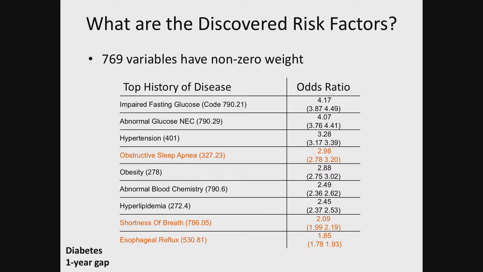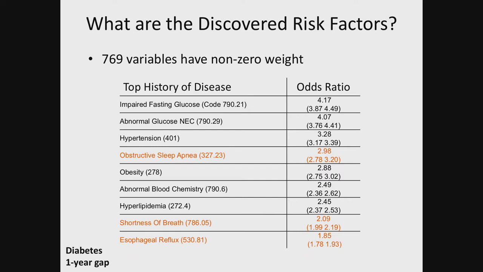Shouldn't they have been excluded? And the answer is no, because there are also patients who are pre-diabetic in this data set who have been intentionally included because we don't know which of them are going to go on to develop type 2 diabetes. And so this is an indicator that the patient has been previously flagged as being pre-diabetic. And it obviously makes sense that that would be at the very top of the predictive variables.